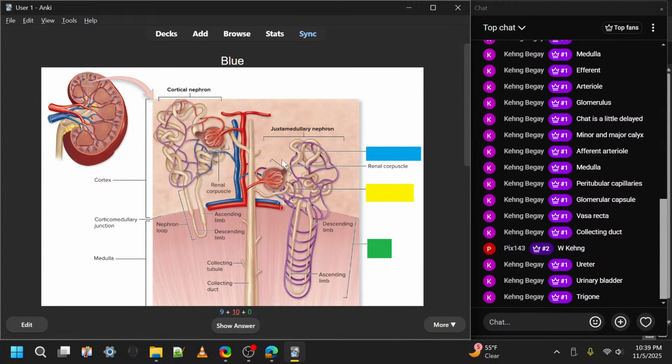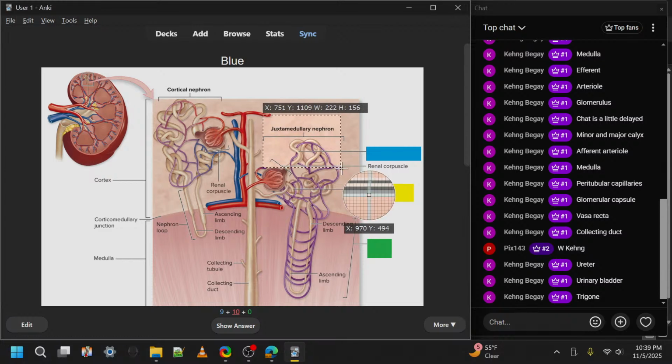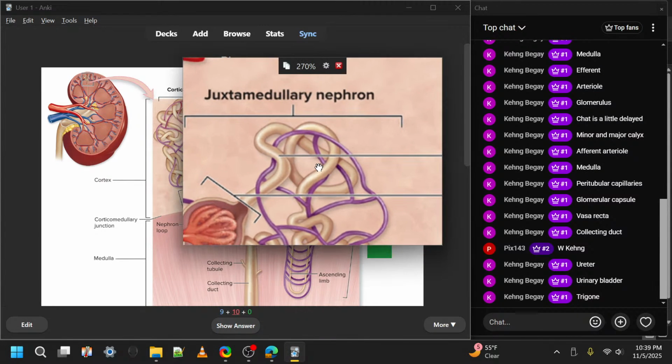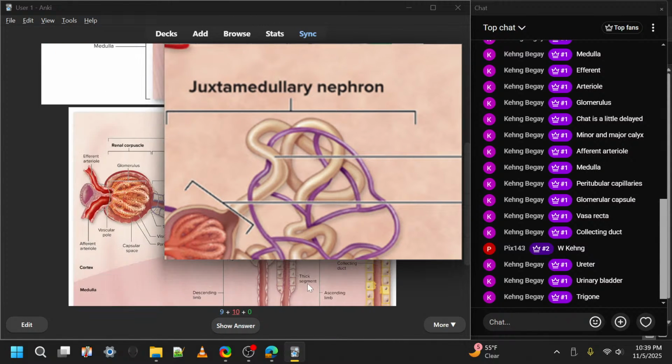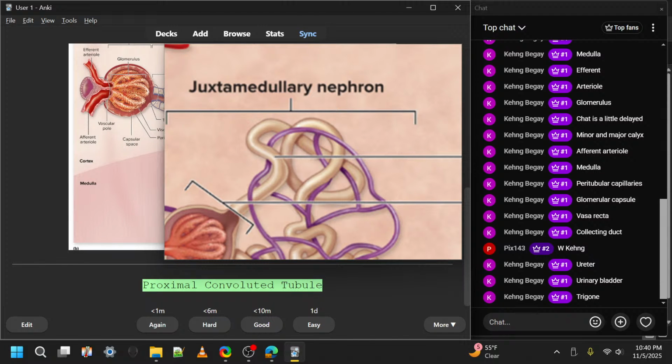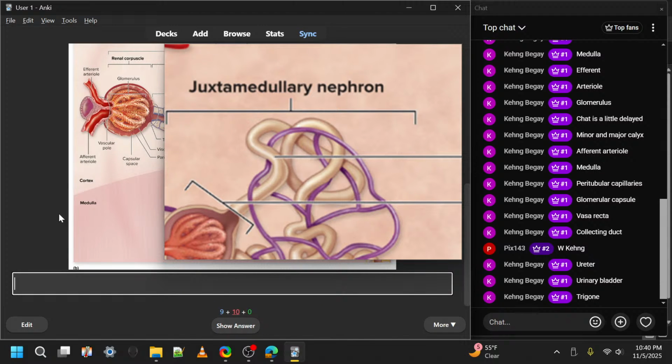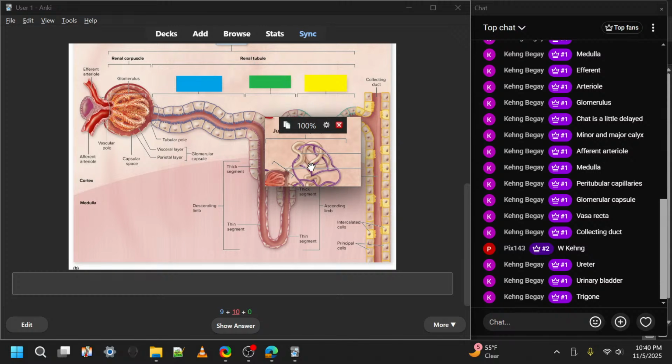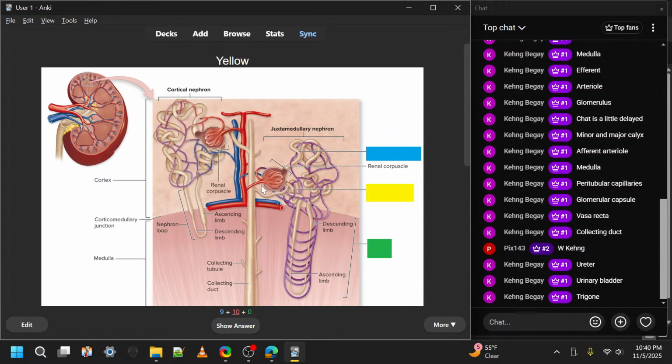Okay, so what is the blue? We just did this one. The blue is the proximal convoluted tubule. Nice. Okay, what is the yellow?